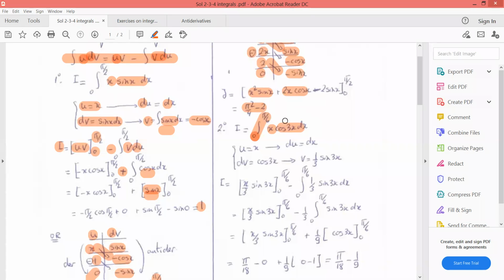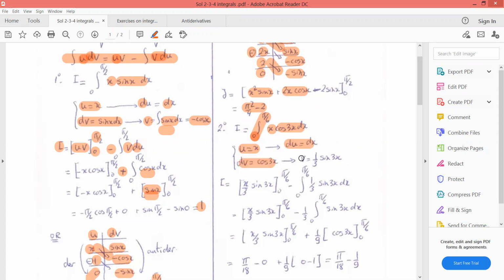No other method works, only integration by parts. I take the polynomial part as u, which here is x. The derivative of x is 1, so du equals 1 dx. And dv equals cosine 3x.